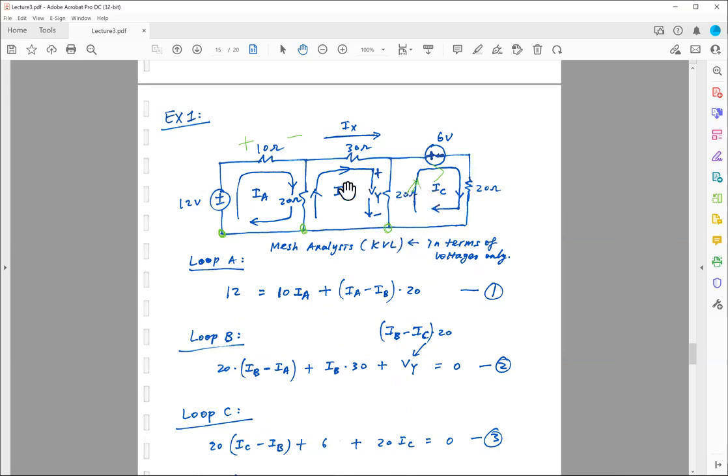They are flowing in 2 opposite directions. But since I'm operating on loop IC, I'm assuming IC is more dominant than IB. Therefore, the net current flow is going to follow the direction of this IC current, flowing upward. So IC minus IB times 20, the net current flow multiplied by 20, is going to be the voltage.